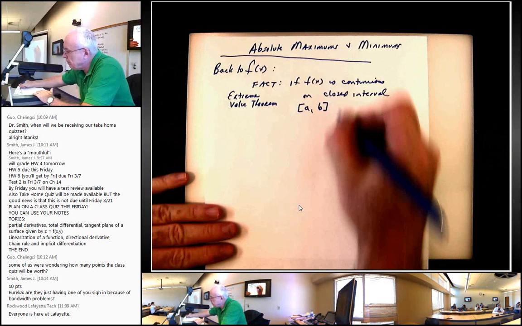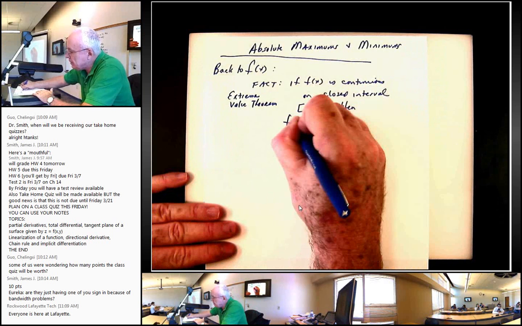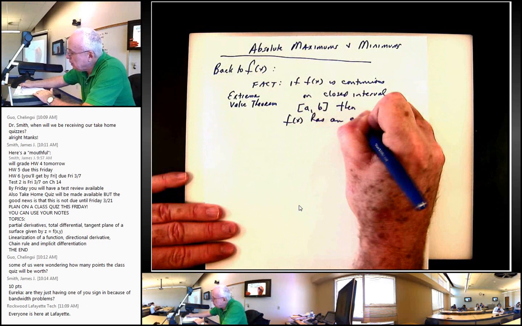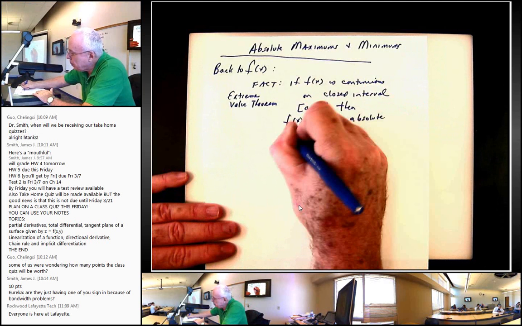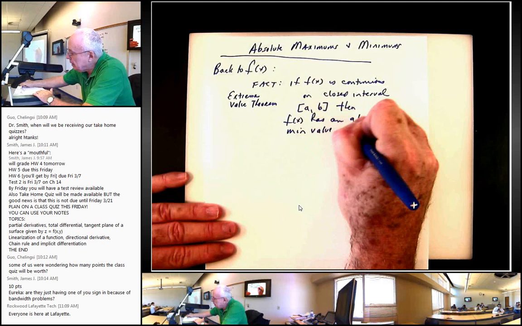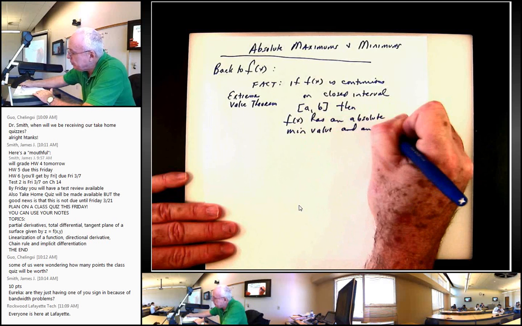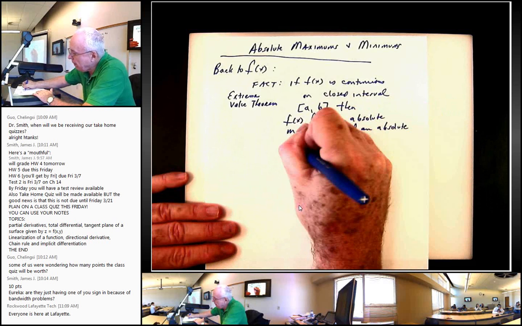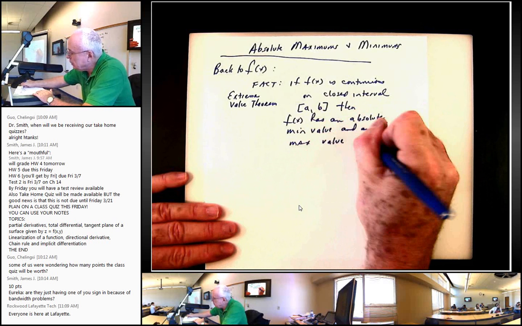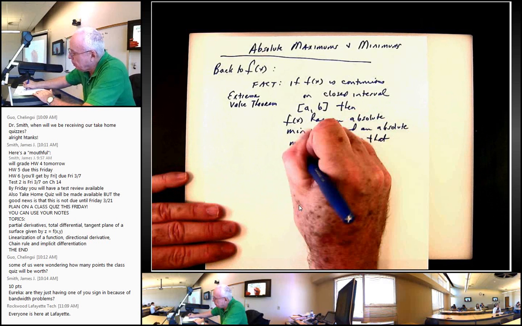Then f of x has an absolute minimum value and an absolute max value on that closed interval.